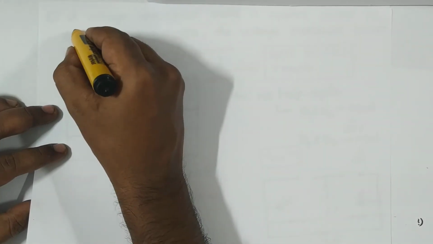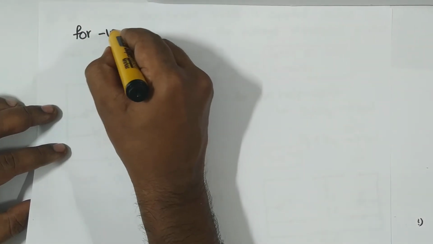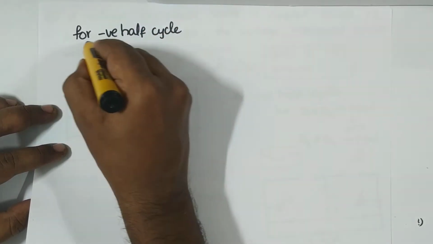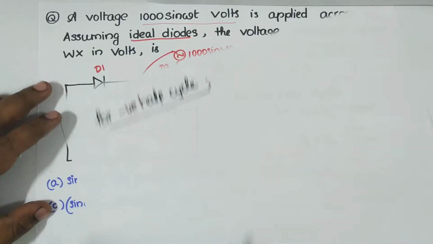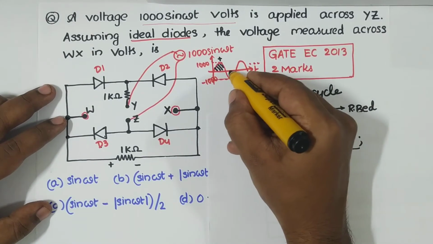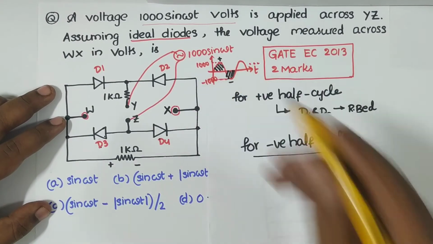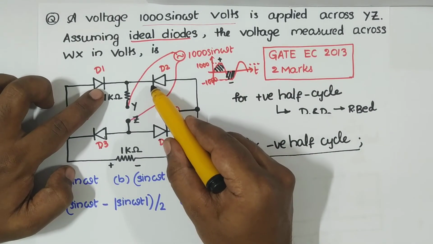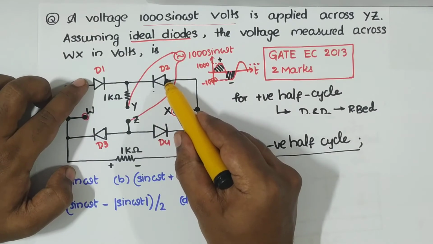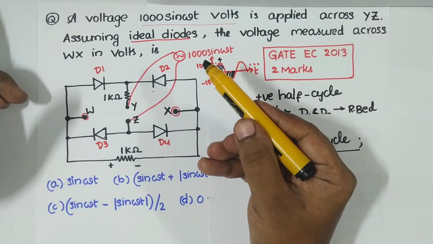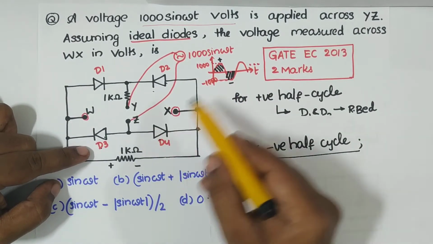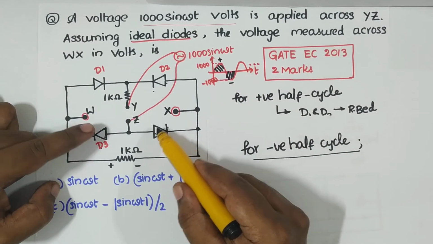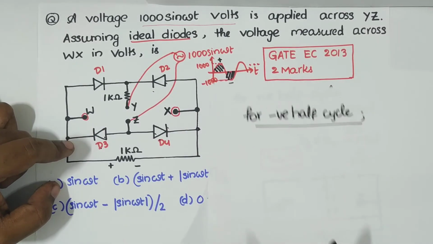For the negative half cycle, now the cathode is made negative with respect to the anode, meaning D1 and D2 are forward biased. Anode is made negative with respect to cathode for D3 and D4, so they are reverse biased.